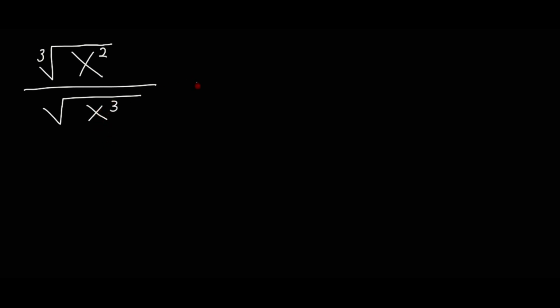For this one, we will change this root into a fractional exponent. This means that we write x to the power 2 over 3, and then x to the exponent 3 over 2, and then now we divide.